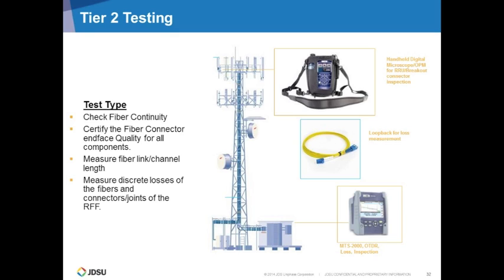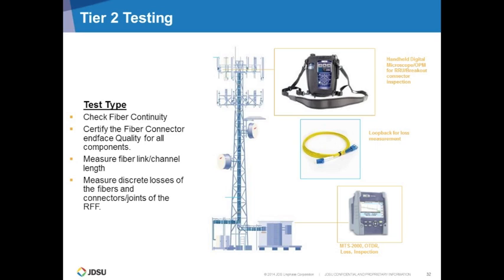Meaning, with Tier 1 testing, it can be under 3 dB loss, but one of the connectors in that link can create, as we saw on the previous slide, 4 dB. But if the connector is borderline and it has a 2.5 dB loss, that link will probably pass the Tier 1 test.